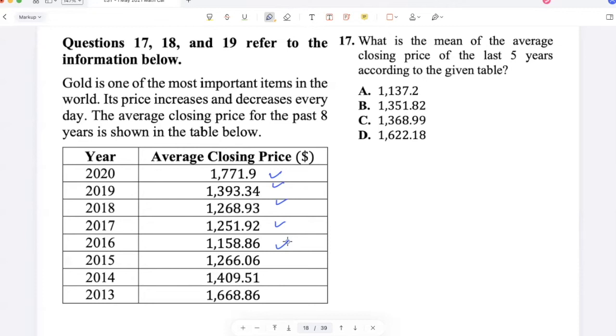So that divided by 5 is 1368.99. So this is the answer that we get when we consider the last 5 years, right?